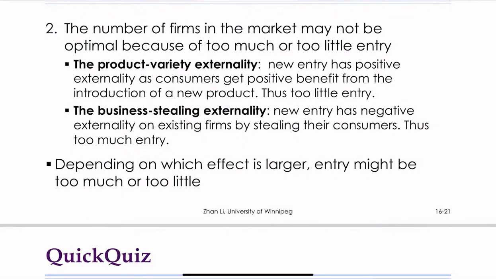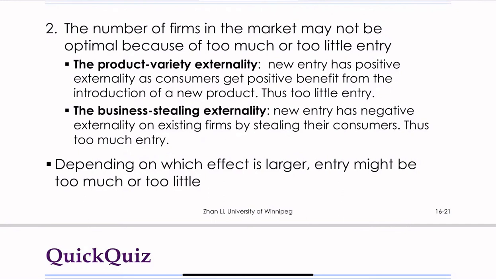The number of firms in the market might be too large or too small because of too much or too little entry. If there is too much entry, then the number of firms in the market is inefficiently large. If there is too little entry, then the number of firms in the market is inefficiently small.